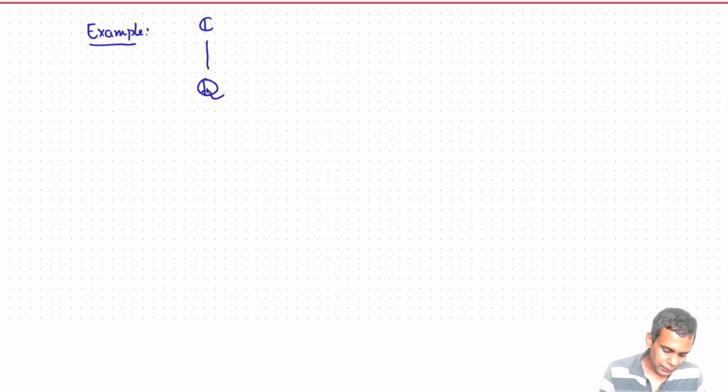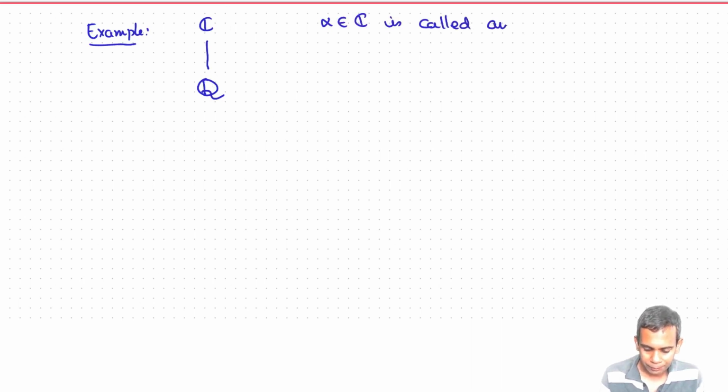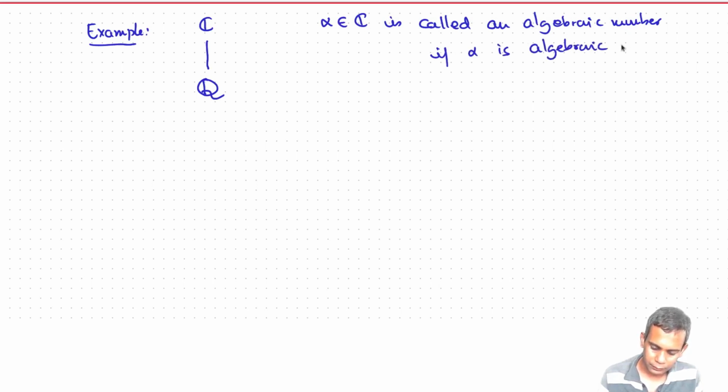Okay, so in this context, if alpha belongs to C it is called an algebraic number if alpha is algebraic over Q. And it's called a transcendental number otherwise.